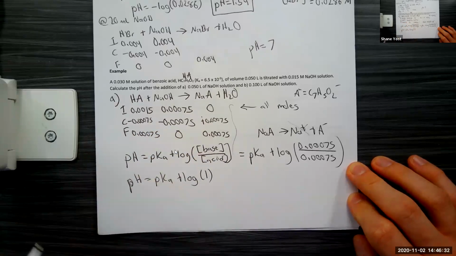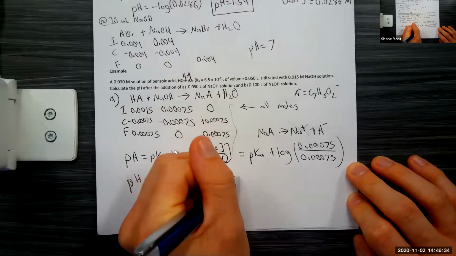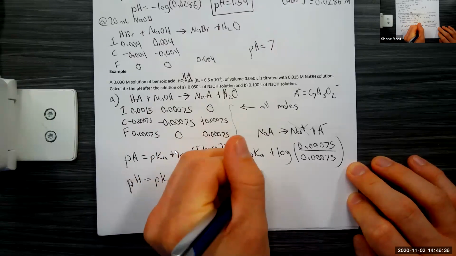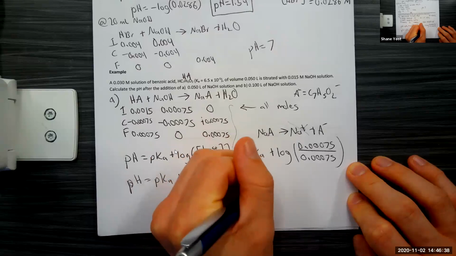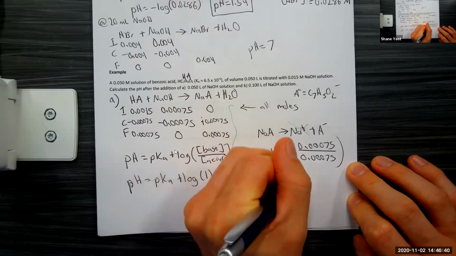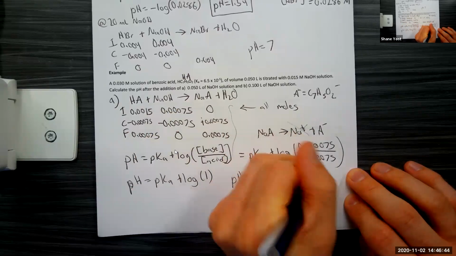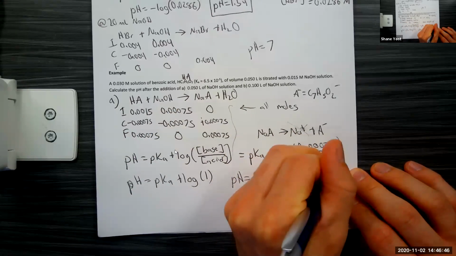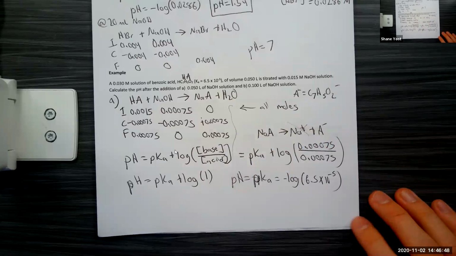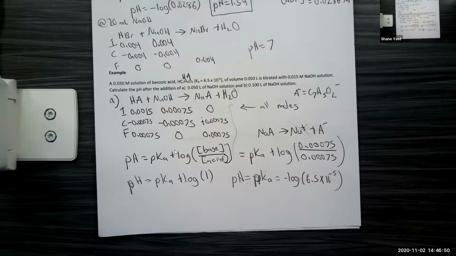Log of 1 is equal to 0, so the pH just equals the pKa, which is the negative log of the Ka, 6.5 times 10 to the minus 5. So pH is just the negative log of that number.